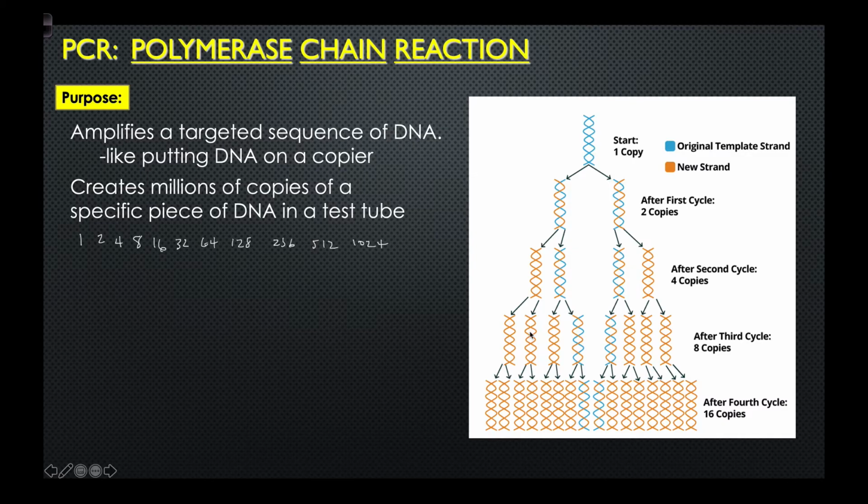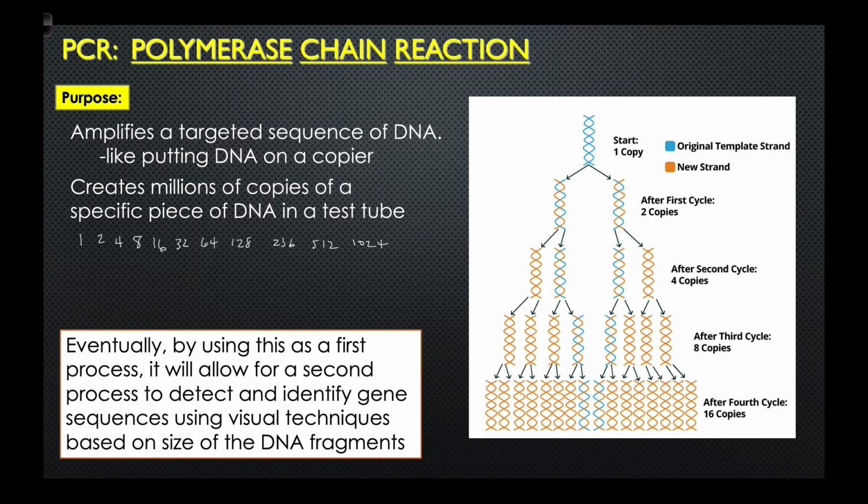Notice how quickly my numbers started increasing. So by doubling up the amount of DNA with every round of this process called the polymerase chain reaction, we can very quickly lead to very high numbers of DNA that we need to work with in the lab.